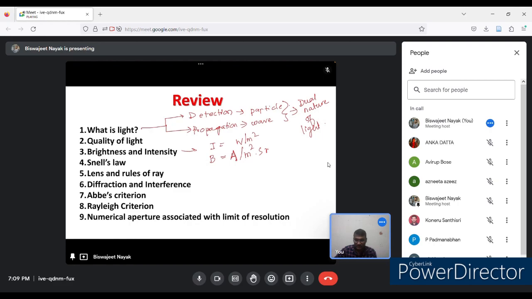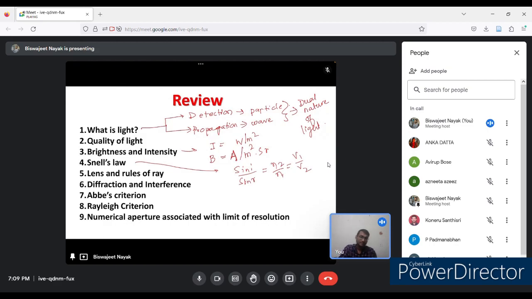Then he moved to Snell's law, which we all know is given by sine i by sine r equals n2 upon n1, equals v1 by v2.